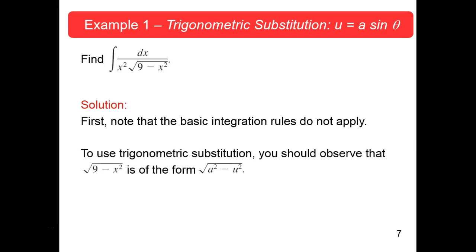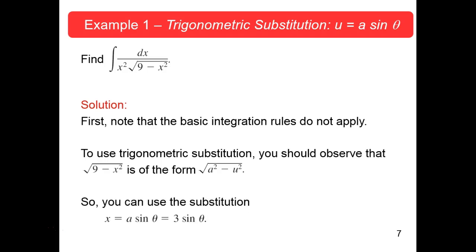So use a trig substitution. You should observe that that is of the form a squared minus u squared, if that floats your boat. And you could have, as someone suggested, done a cosine substitution also, but sine is a little bit easier. You have fewer minus signs, that kind of stuff.